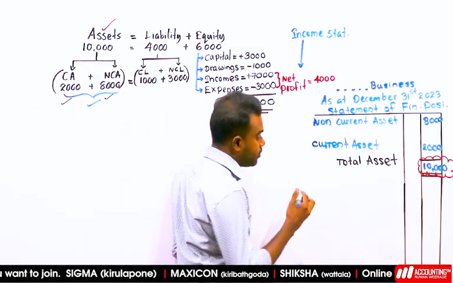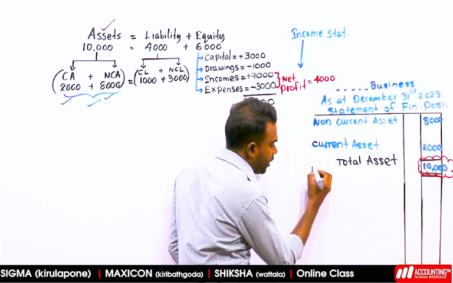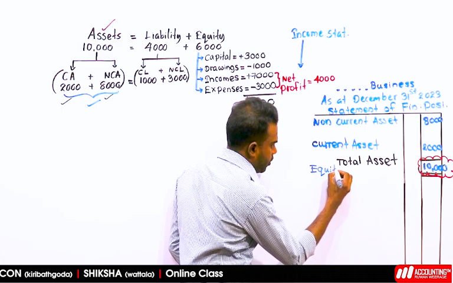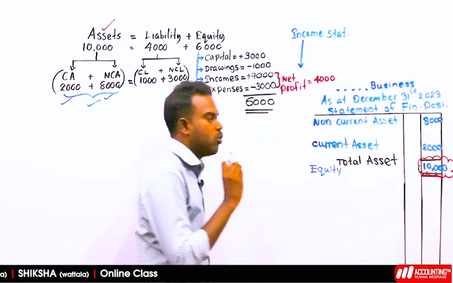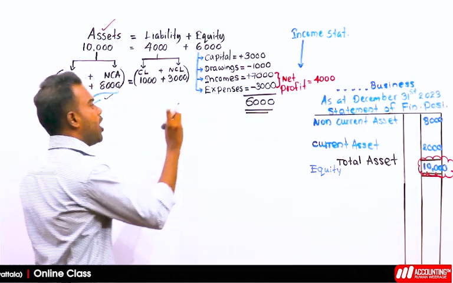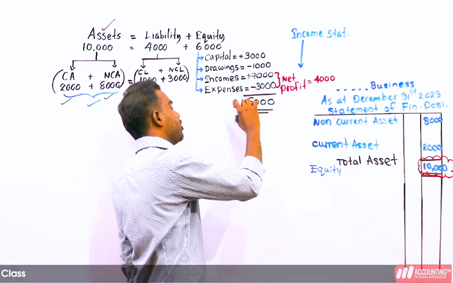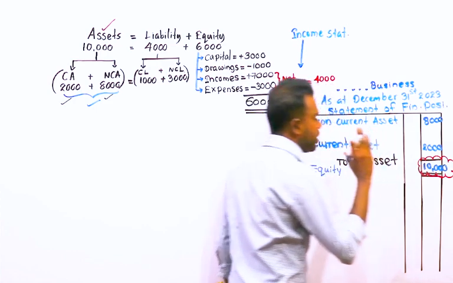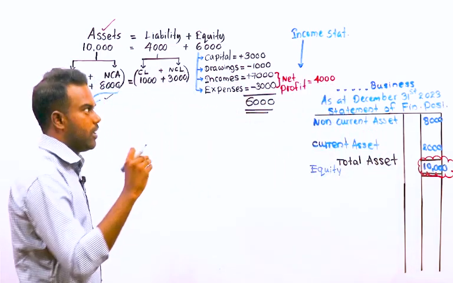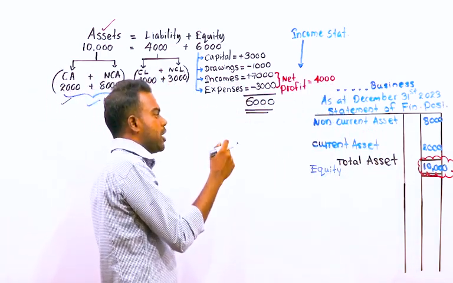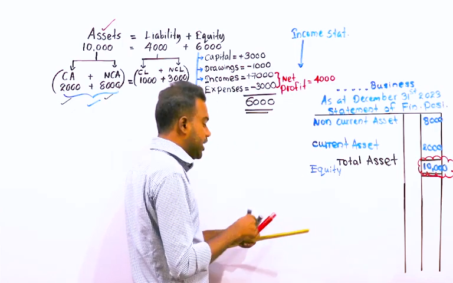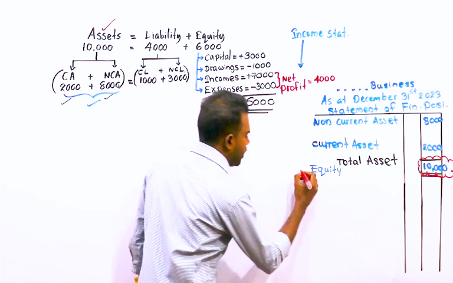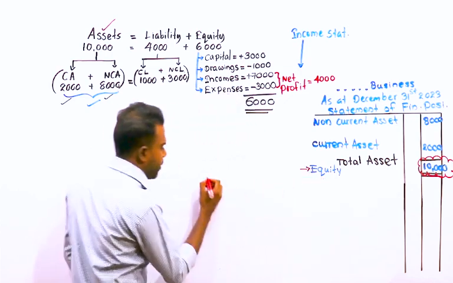Keep in mind, for equity you can't write down the total value, 6,000 now, because there are 4 transactions. You have to present this equity in detail, and that's the difficult part of the SOFP, a little bit confusing.